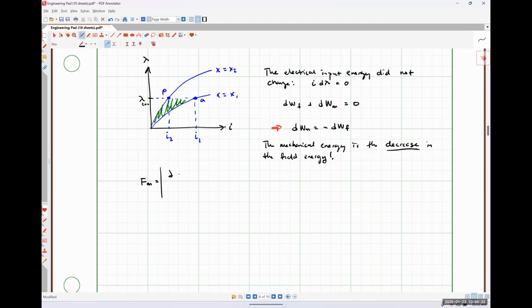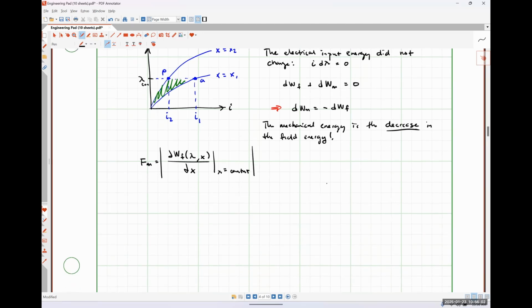So we'll have the change in field energy as a function of flux linkage and position, with respect to position when our flux linkage is held constant, is our force.